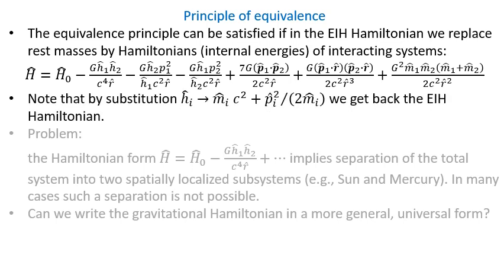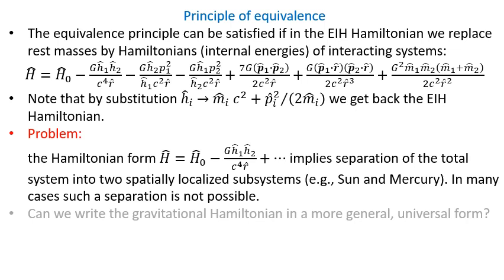Note that if in this expression I approximate subsystem Hamiltonians with the sum of rest energy mc squared and non-relativistic kinetic energy p squared divided by 2m, I'll obtain the original Einstein-Infeld-Hoffmann Hamiltonian.